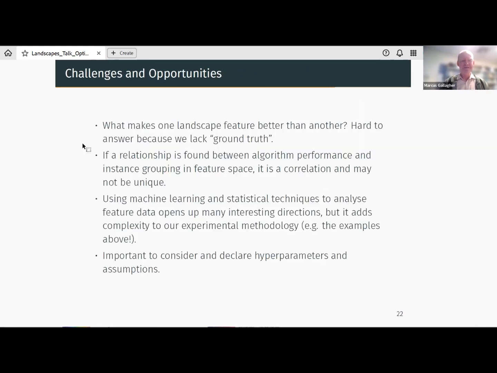So that leads nicely into some of the challenges if you want to do research in this area. It's fun, but here are some things you might want to think about.